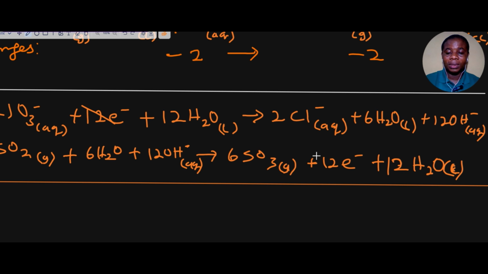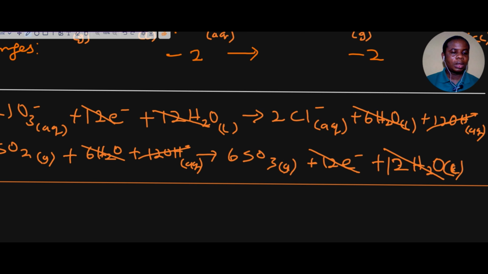This cancels this. Anything that needs to cancel should cancel. 12 H2O cancels 12 H2O. 6 water molecules cancel 6 water molecules still. I have 12 OH cancelling with 12 OH. So I'll be left with this.